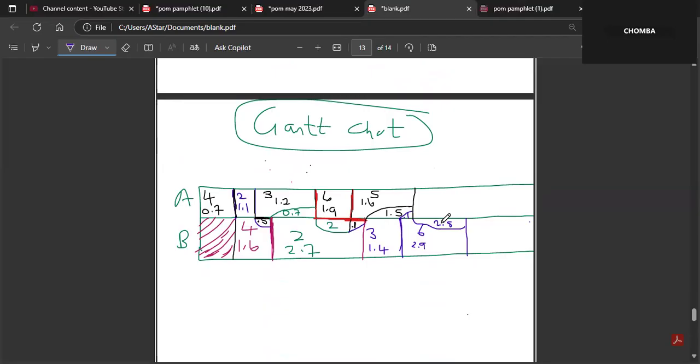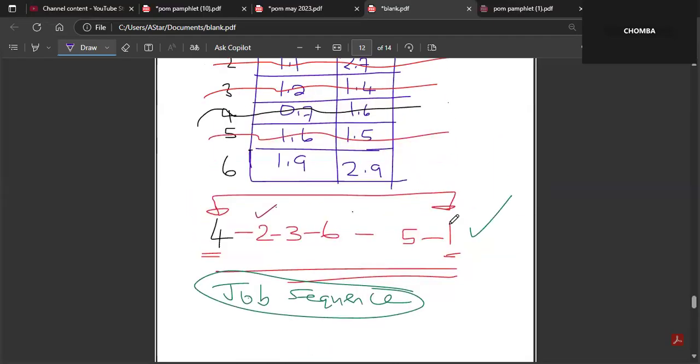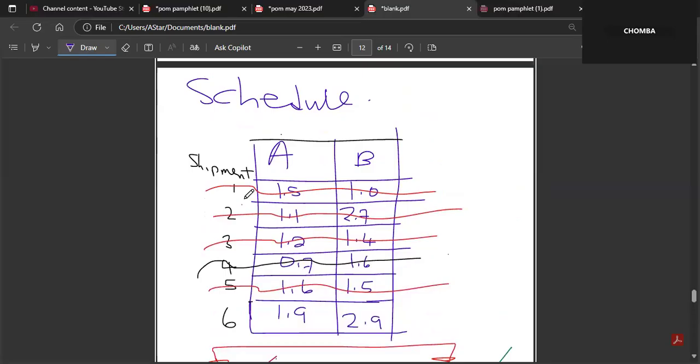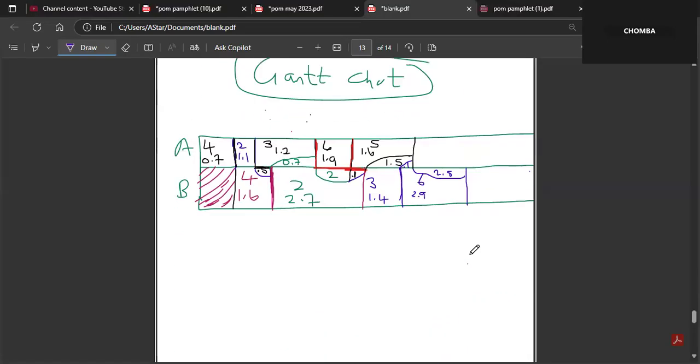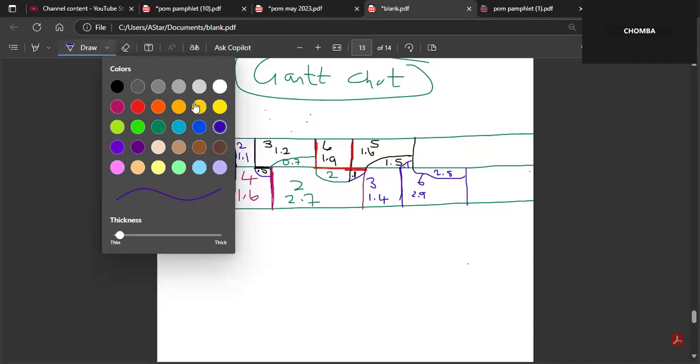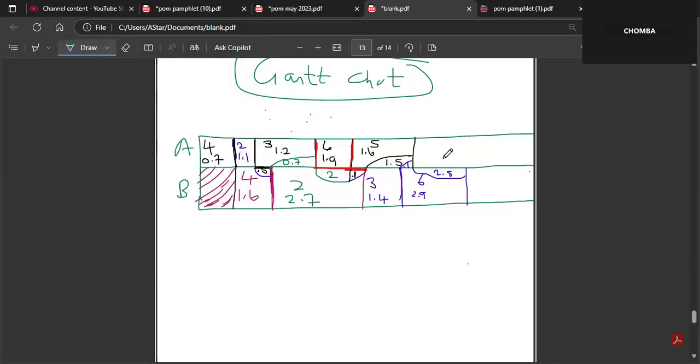Are we together? Yes, I'm following you. So now, what is happening here? 4, 2, 3, 6, 5. It's just 1 which is remaining. So these people are supposed to start running job 1, which is 1.5. So you compare 1.5.